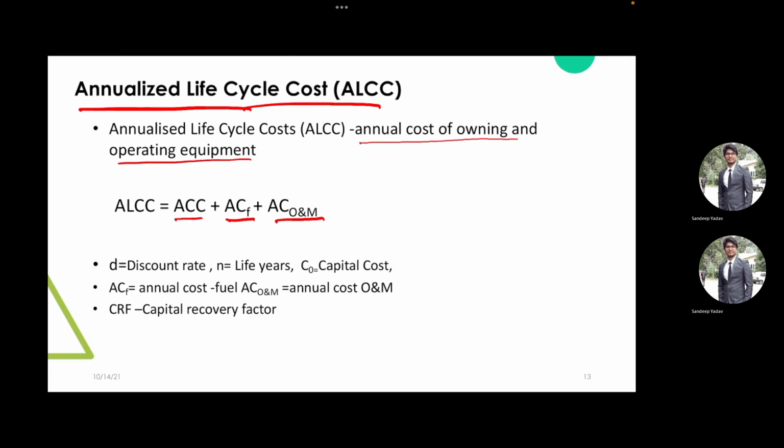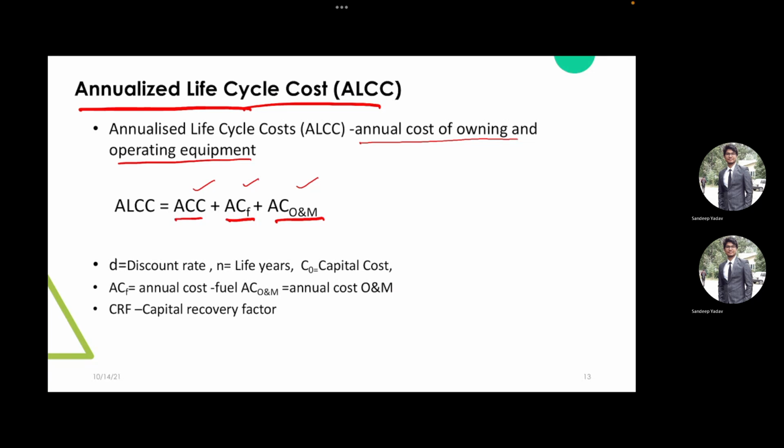Suppose we have a machinery. How can we calculate it? What is the value of that machinery? So we have to calculate the annual capital cost that we have made, how much fuel it is consuming, and how much is the operation and maintenance.